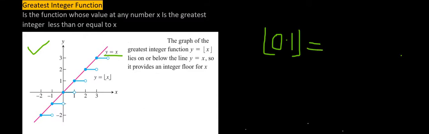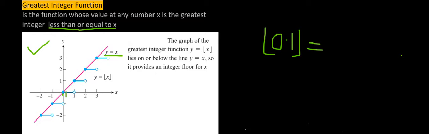Then our greatest integer will be, here lies our 0.1 and here is our 0 that is less than x. You have to see that that number is equal to x its own value, or it is less than that value of x.